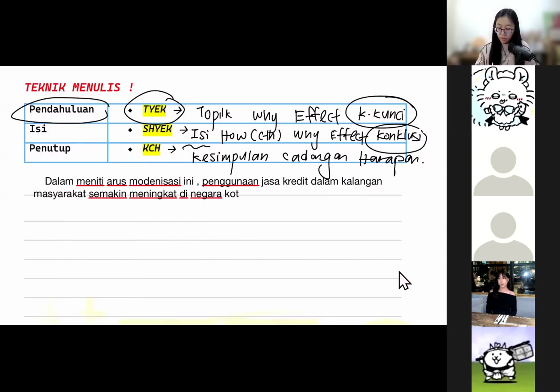Why do you think nowadays people keep on using credit card already? Mengapakah masyarakat kini banyak menggunakan kad kredit? Menjimatkan masa, convenient, okay? Why save time? I don't understand. Quick and easy, okay. Situasi ini, this situation, terjadi means happen.